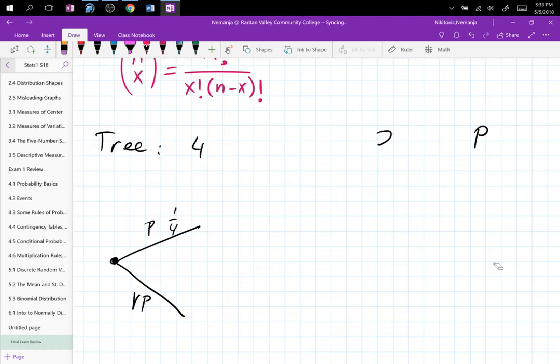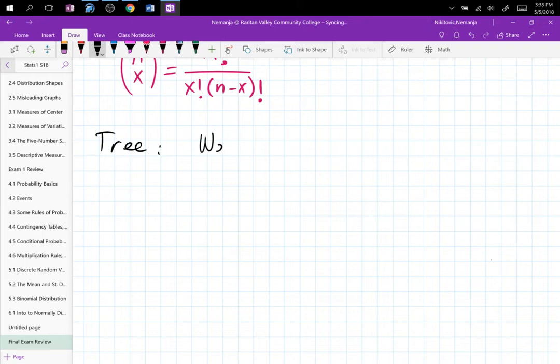So erase everything that you have for this. Let's do marbles. We have 17 red and 9 black marbles.